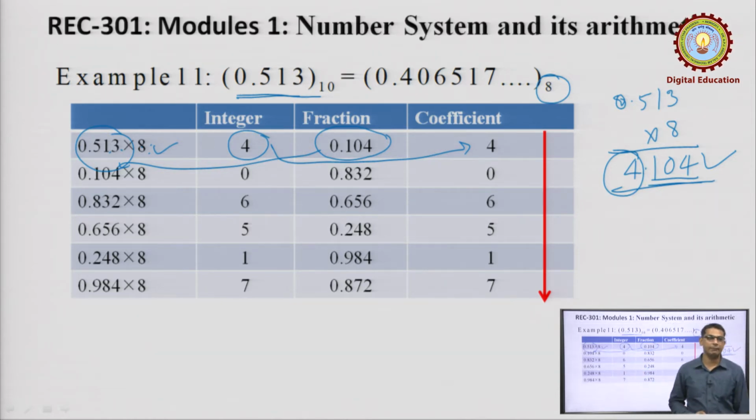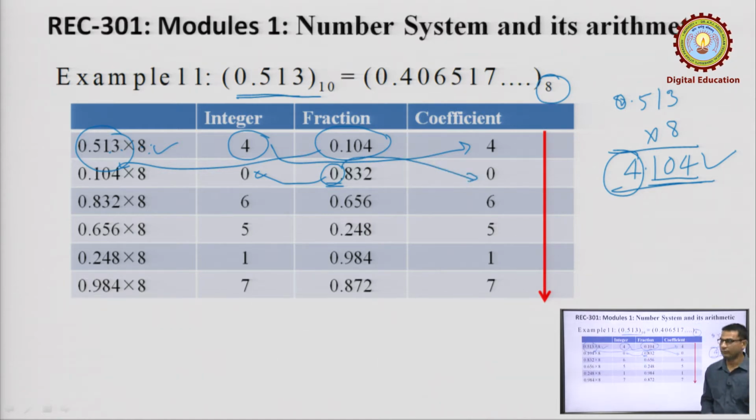0.104 multiplied by 8 gives 0.832. In this value the integer part is 0, and this 0 will act as a coefficient.